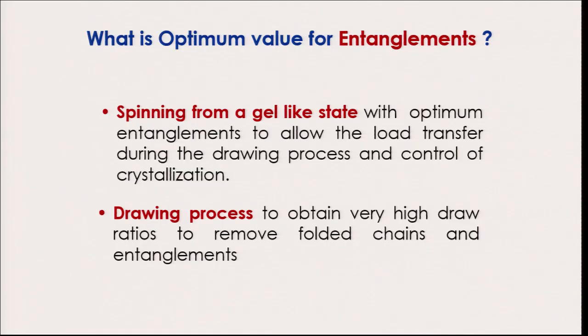So, the requirement is optimum value of entanglements, and the moment I have that, I will be able to draw it successfully to obtain very high draw ratios and remove all the folds and entanglements and align the polymer chains along the axis of the fiber.